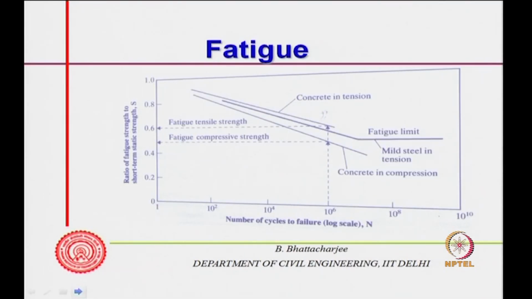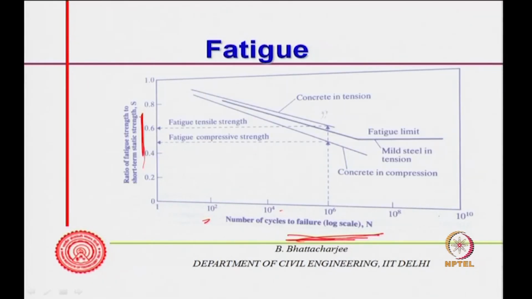If you look at this diagram, on this axis the number of cycles is drawn in log scale, because 10 to the power 2 etcetera, and on the other axis is the ratio of fatigue strength to short term static strength.